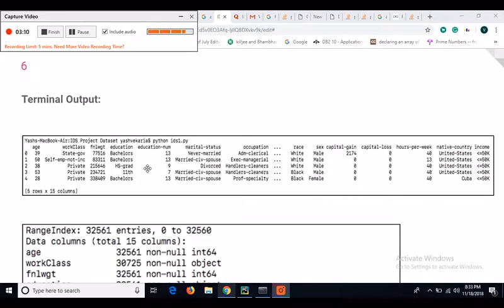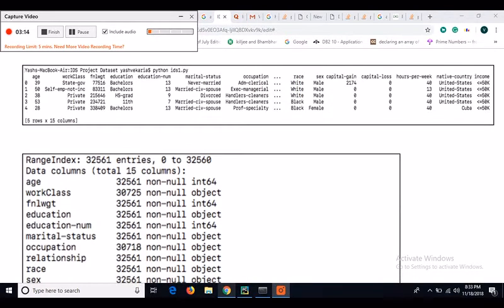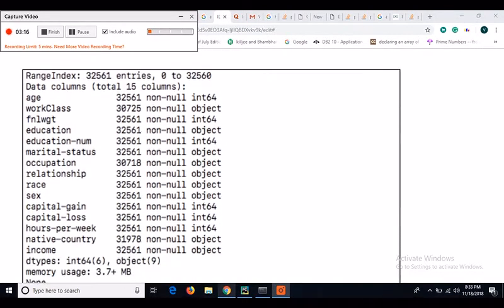This is the output of the data head. There are a total of 32,561 instances. Out of these, certain attributes have fewer non-null entries. This means that these columns have missing values present in them.